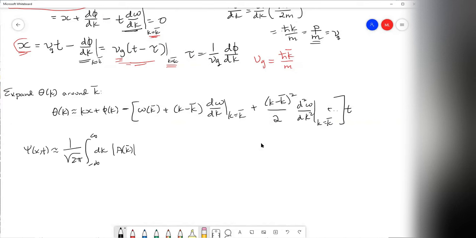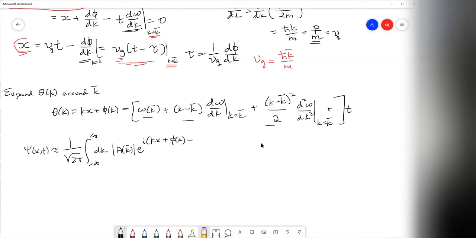If it's slowly varying, it's okay if we just evaluate it at k bar, so you can do that. And here you have e to the i, kx plus phi of k, this phase, which we're leaving alone for now. And now we're going to put in this expanded out stuff.